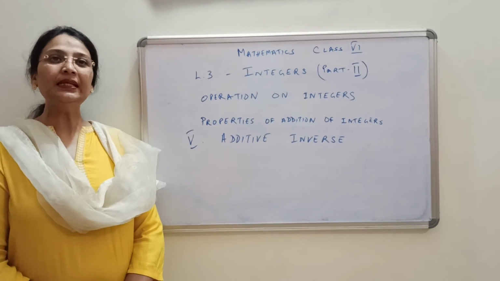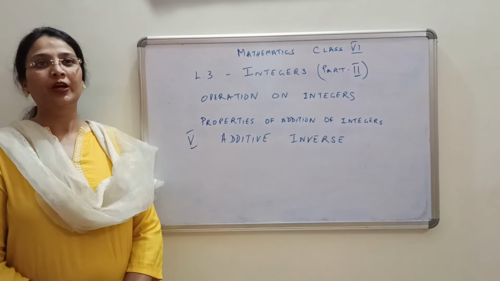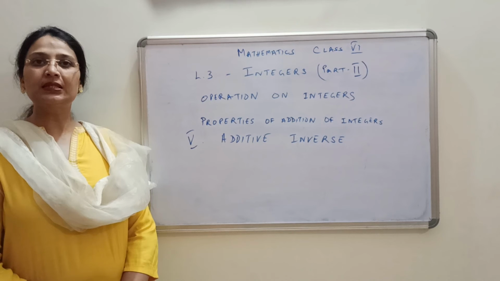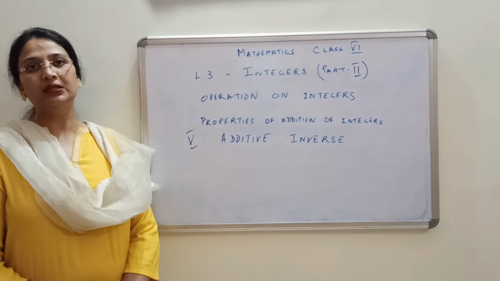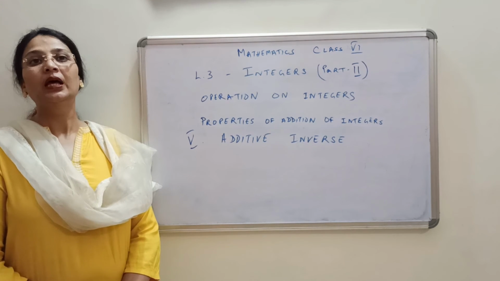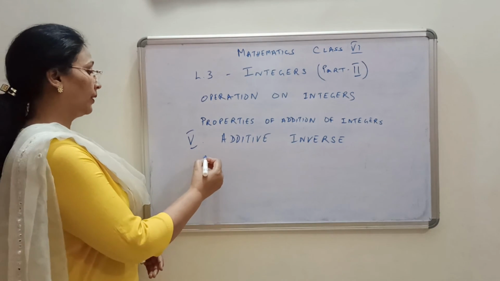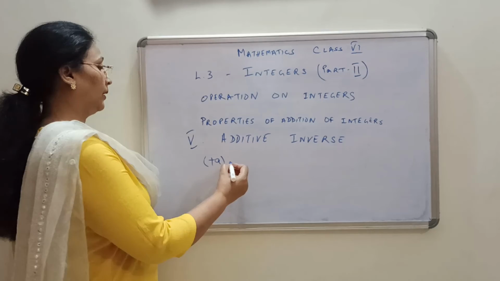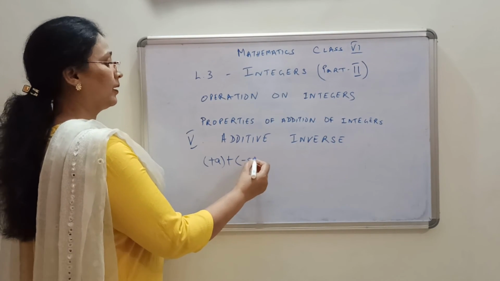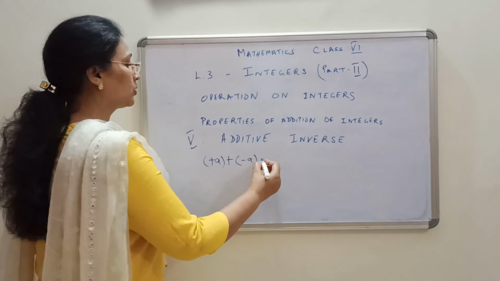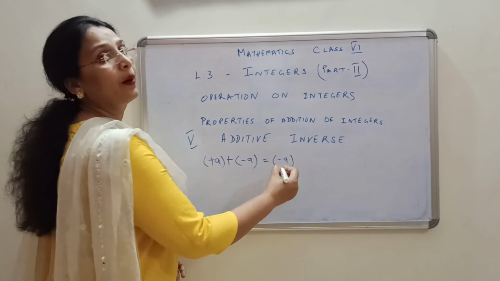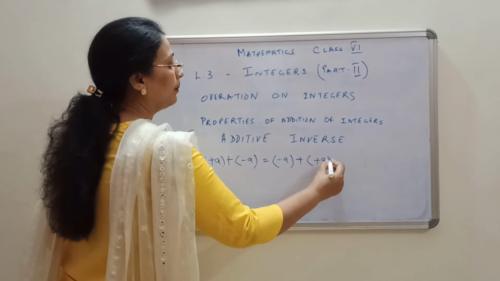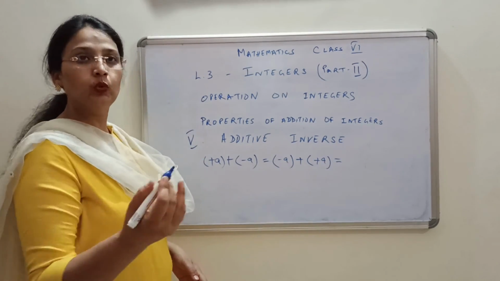And the last property is additive inverse. For every integer +a, there exists an integer -a such that (+a) + (-a) = (-a) + (+a) = 0.